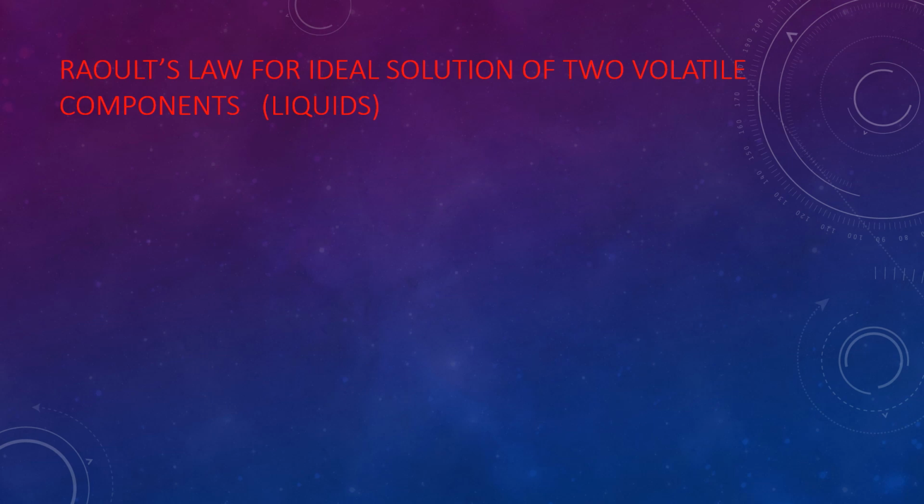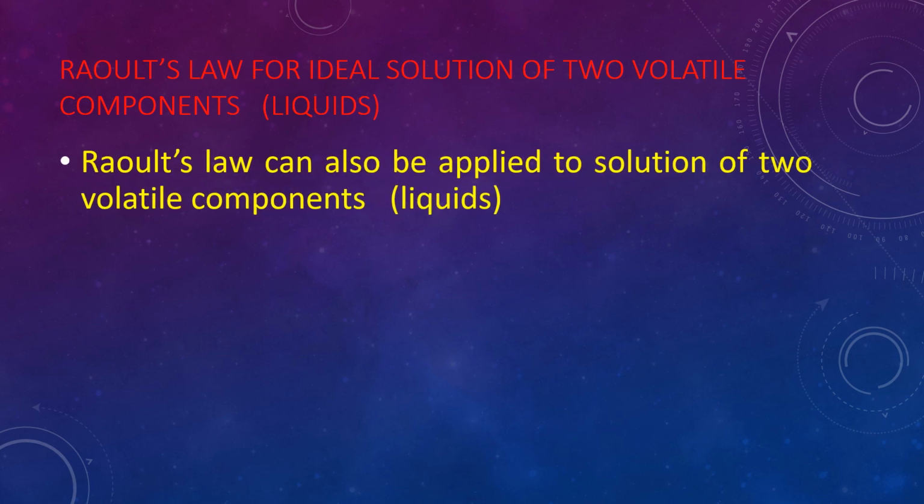Now, Raoult's law for the ideal solution of two volatile components. Raoult's law can also be applied to solutions of two volatile components, meaning two volatile liquids. Up till here we have learned the application of Raoult's law to non-volatile solutes.